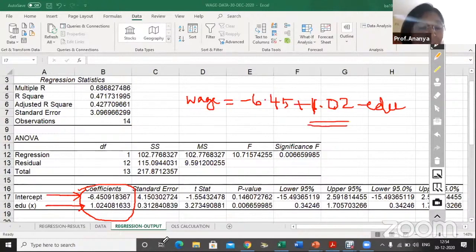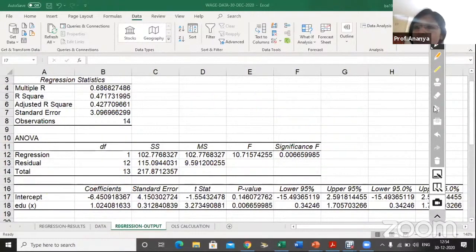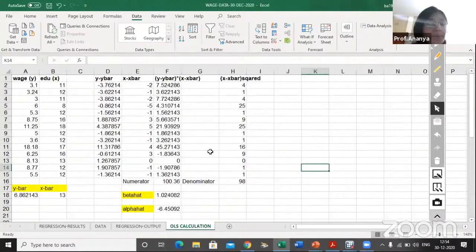How are these numbers obtained? For that, I have done a bit of OLS calculation to show you. Now, remember the formula for the slope coefficient.